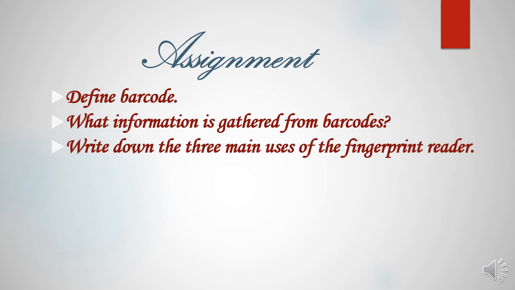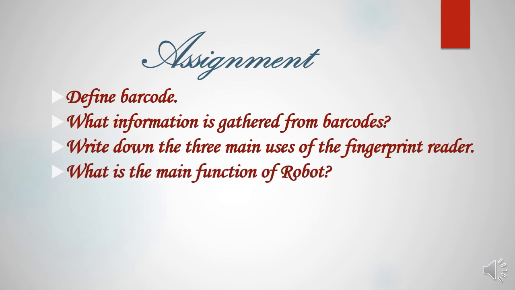Write down the 3 main uses of the fingerprint reader. You can write any 3 uses of fingerprint reader by giving numbers. What is the main function of a robot? The whole topic of robot is the answer to this question.